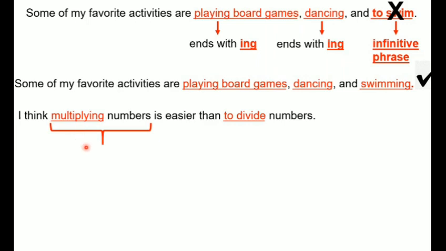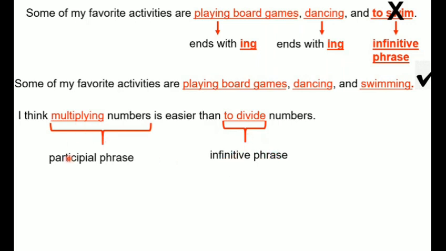Now, multiplying is a participial phrase. It is called a participial phrase because multiplying is a present participle. And then, this one here is an infinitive phrase. It is called an infinitive phrase because it begins with the preposition to followed with the verb divide.